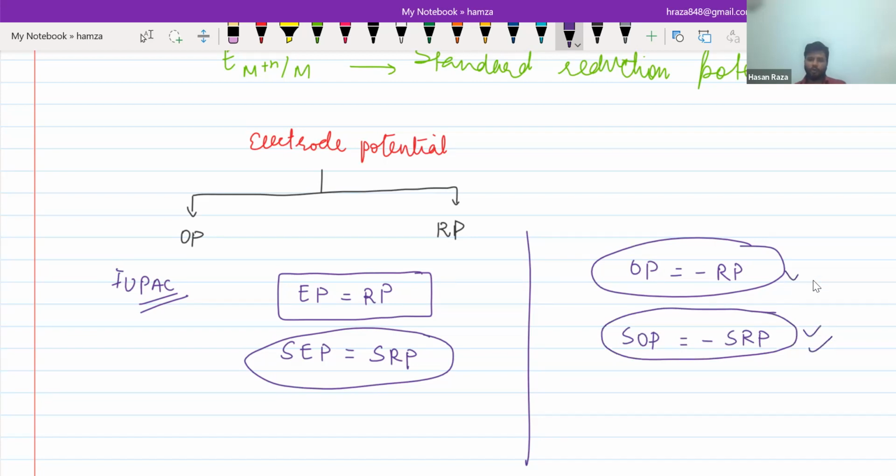And whenever there will be question to calculate electrode potential, that I am going to define a formula here, we will take reduction potential, whether there will be oxidation or reduction. If there will be oxidation and oxidation potential is given, we need to convert that into a reduction potential by just changing the sign. Please write it.